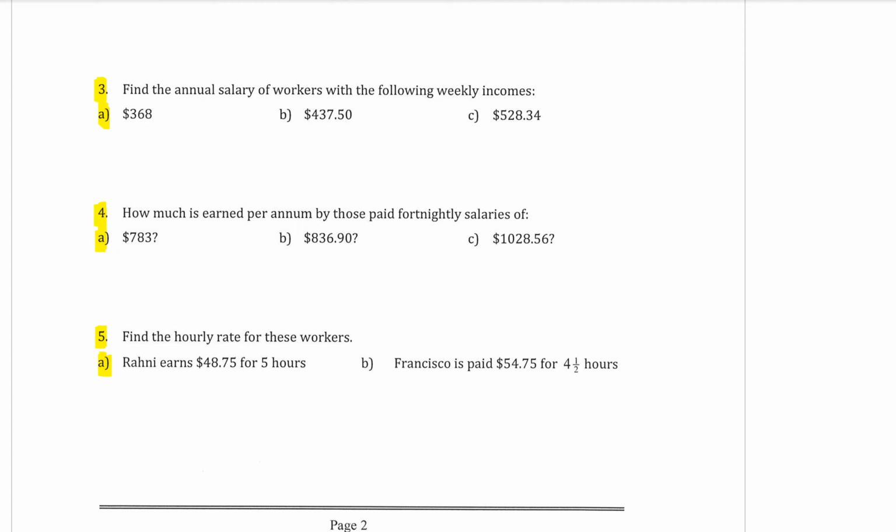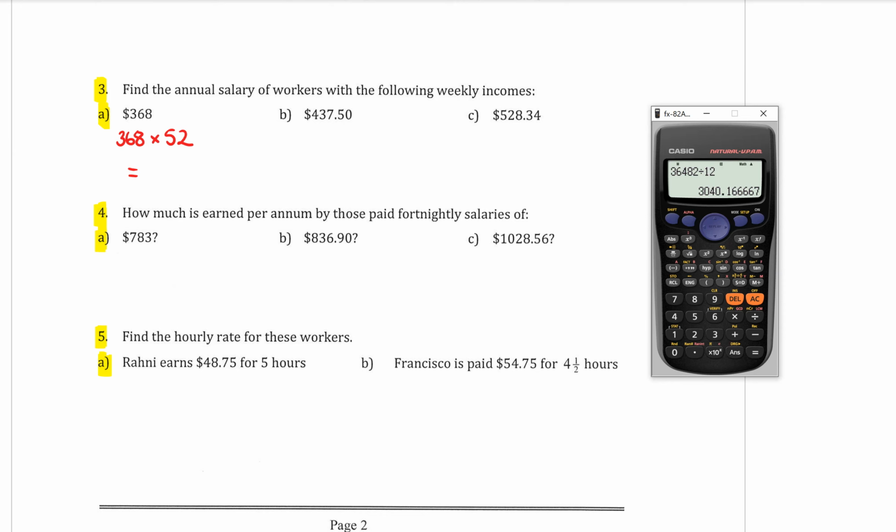So that means I want to times $368. That's how much they get for 1 week. And I would times that by 52 to work out how much they get for the whole year. So they get $19,136.